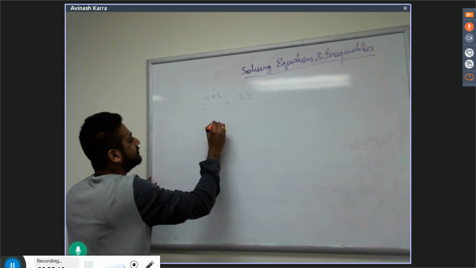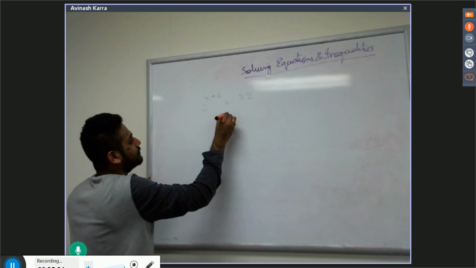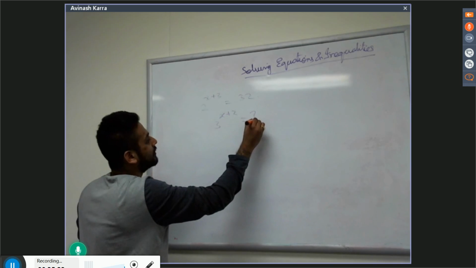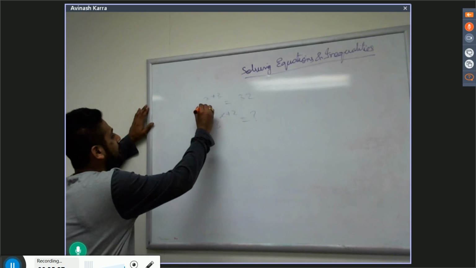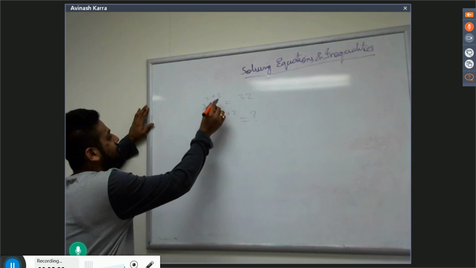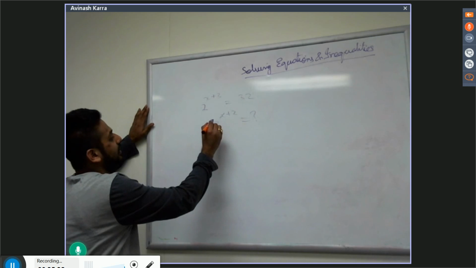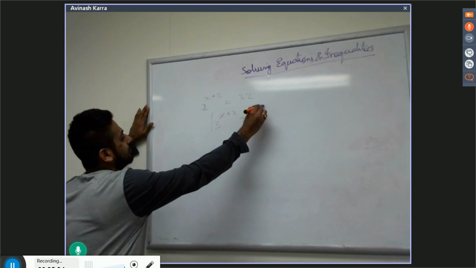Can you find the value of 3 power x plus 2, if 2 power x plus 3 is equal to 32?